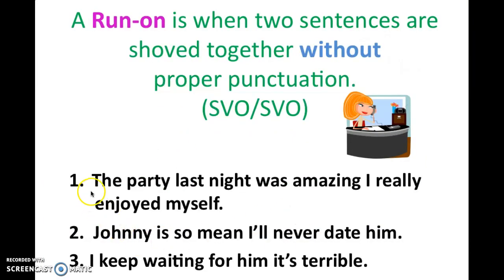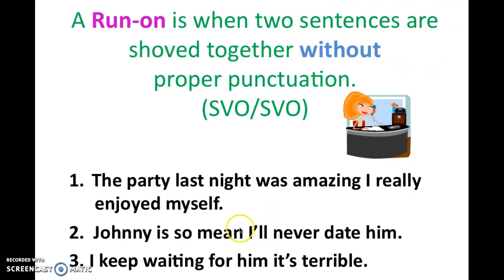Okay, so let's look at it. The party last night was amazing. I really enjoyed myself. The first sentence ends after amazing. I really enjoyed myself. That's the second sentence. Johnny is so mean I'll never date him. Johnny, here's the subject, is the verb, so mean, that's the object. Then a new sentence is here. I'll never date him.